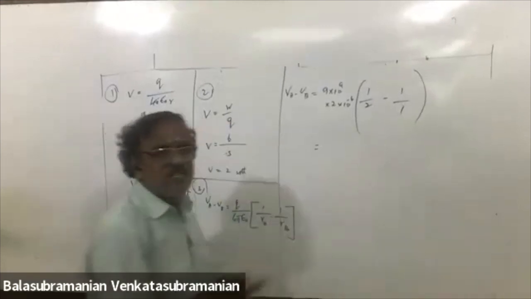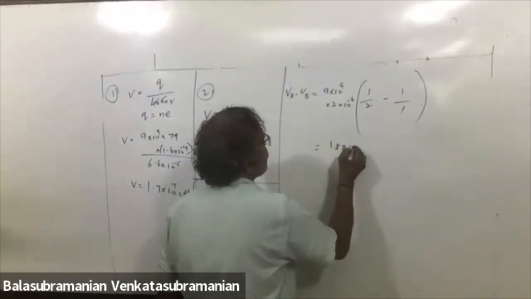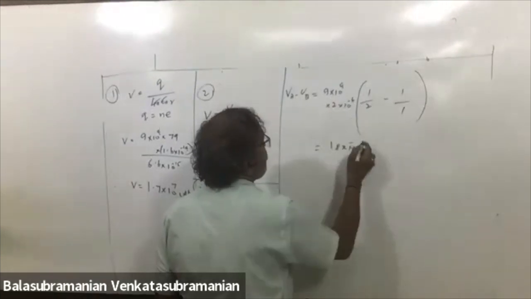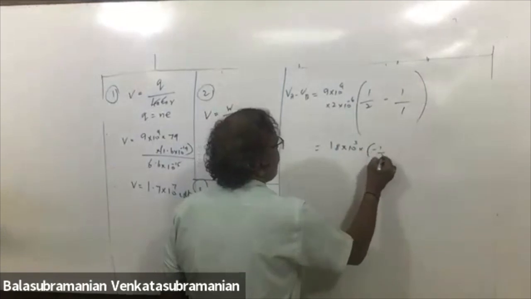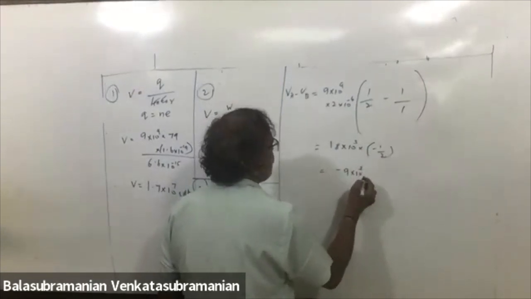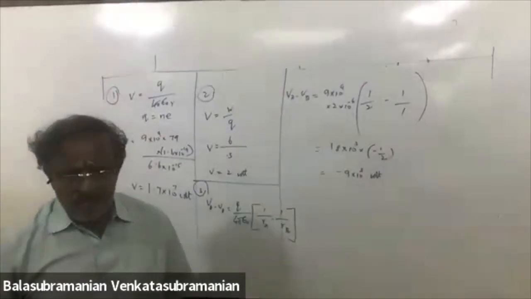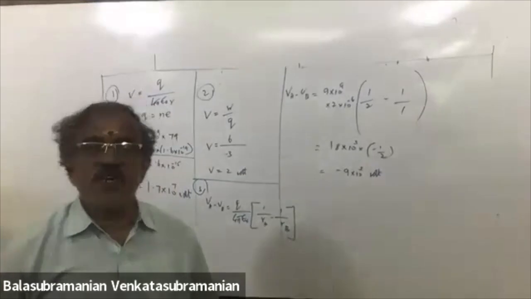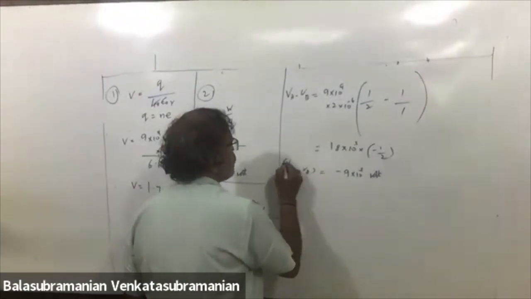Half minus 1 is minus half. So 18 into 10 power 3, minus half. So minus 9 into 10 power 3. This is the potential difference, VA minus VB.